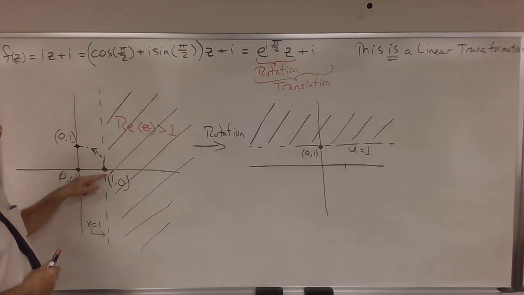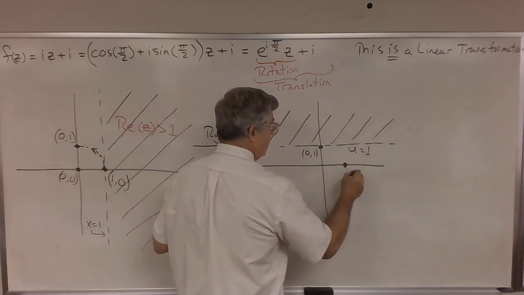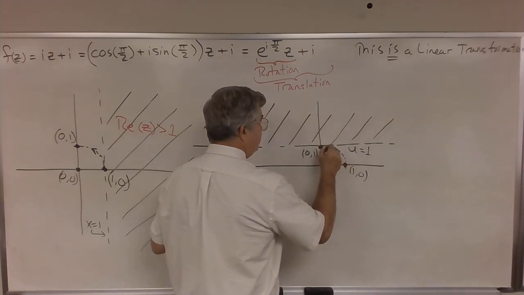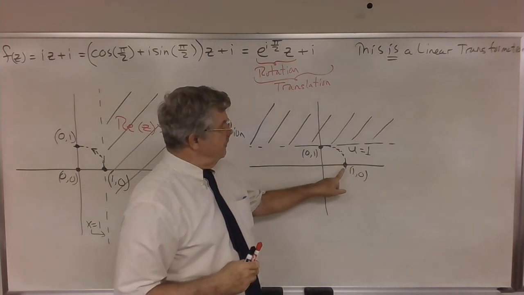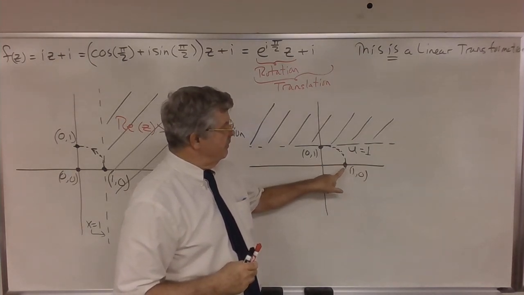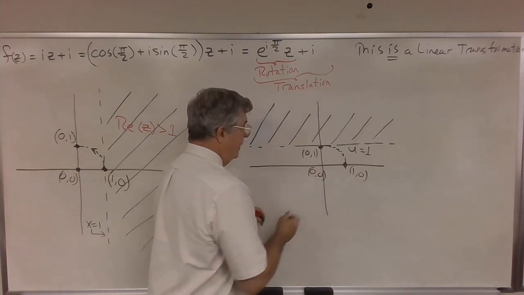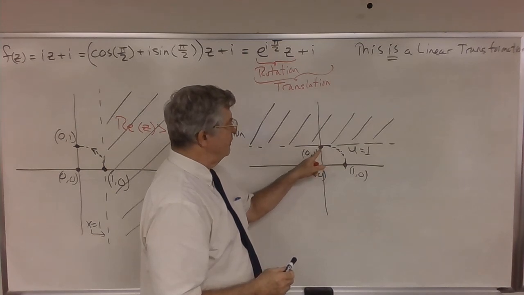This point was rotated pi over 2, so it's still on the circumference of the unit circle. Remember, a rotation does not change the distance of a point from the origin. So this point was on the unit circle, a distance of 1 from the origin, and it was rotated by an angle of pi over 2 counterclockwise. It wound up here.